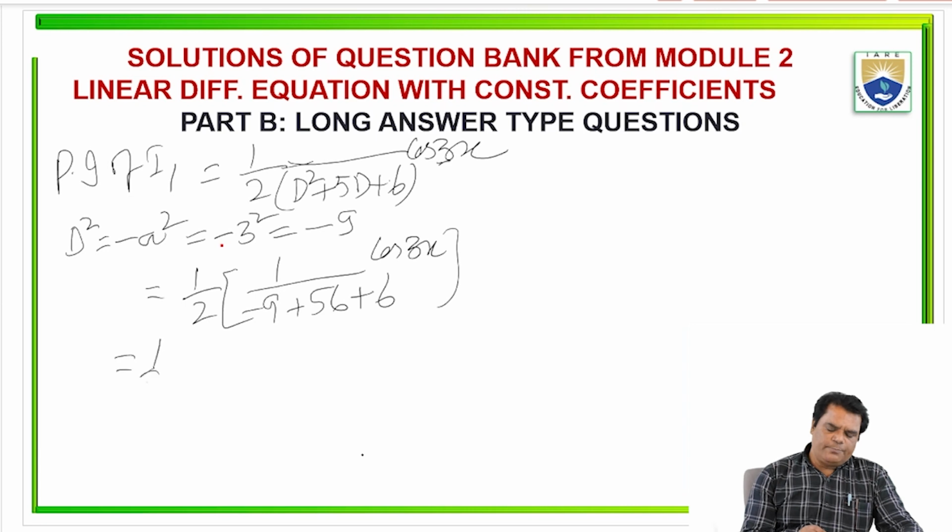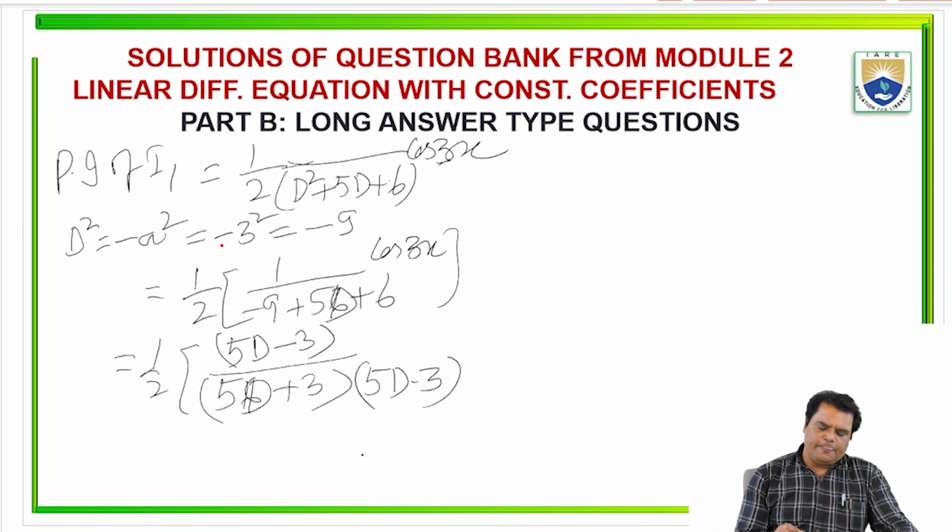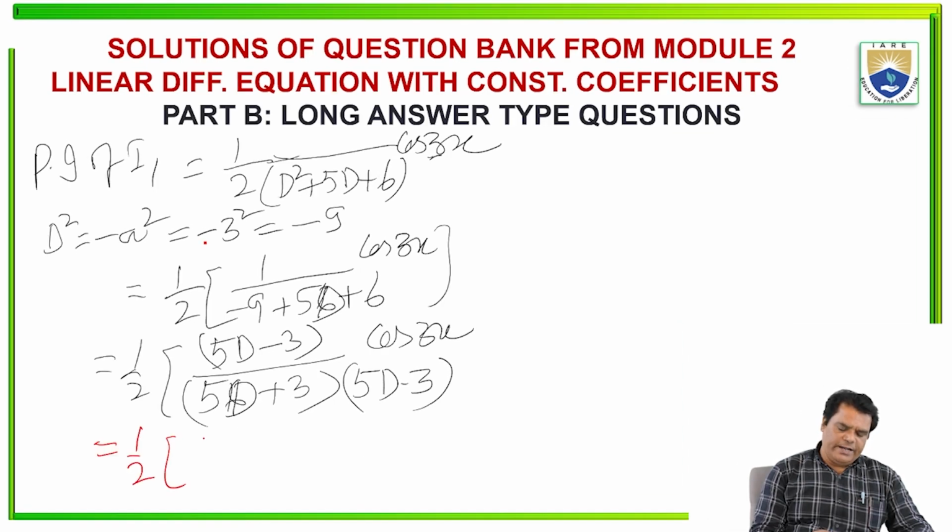So this equals 1 upon 2 of 1 upon (5D minus 3) in the denominator, into cos 3x. Now we multiply by the conjugate: (5D minus 3) upon (5D minus 3) into cos 3x. So 1 upon 2 of (5D minus 3) upon (25D square minus 9) and cos 3x.